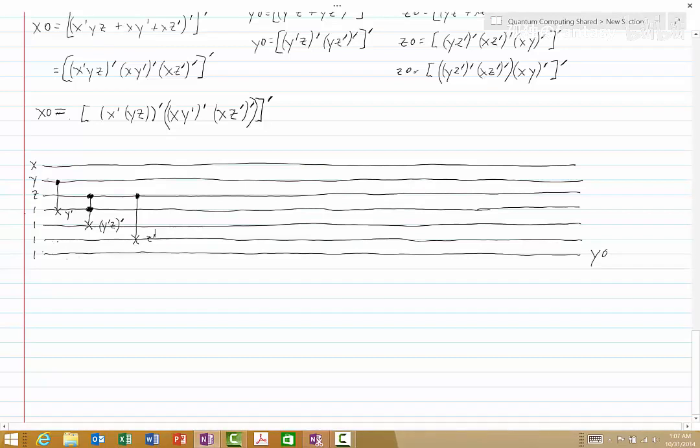So what we could do in this case is put another controlled NOT gate like this, and that would undo the action of the first controlled NOT gate and give us back a 1 here.